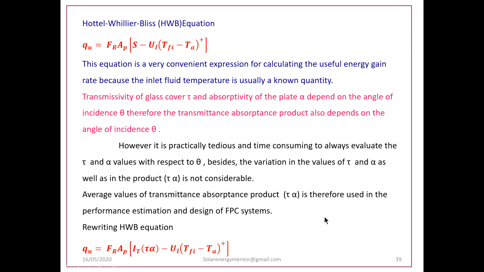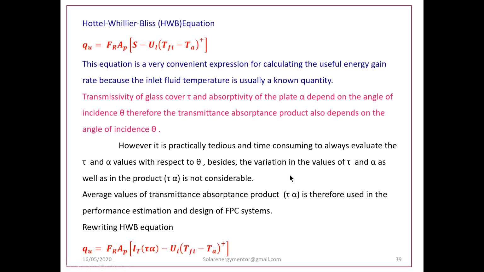However, it is practically tedious and time consuming to always evaluate tau and alpha values with respect to theta, because theta is changing with location, time and date. Every hour theta is changing. So it becomes very tedious and time consuming to calculate theta, then its influence on tau and alpha, and then its influence on the tau alpha product.